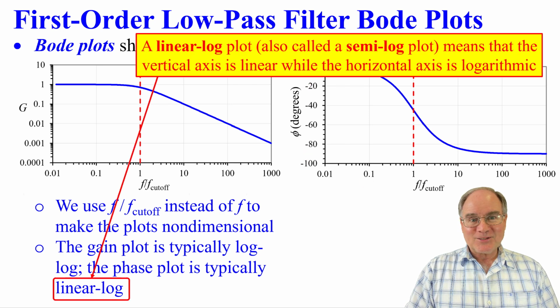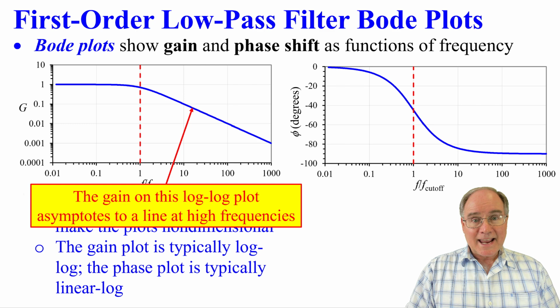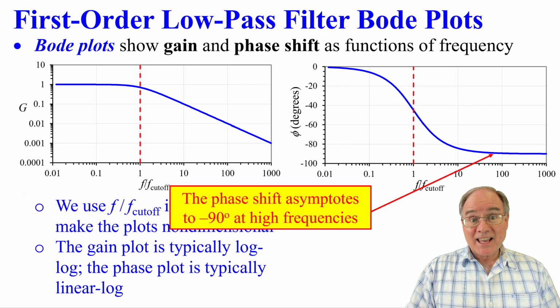This is also confusing. Linear log, also called semi-log, means that the vertical axis is linear and the horizontal axis is logarithmic, kind of opposite to what you might think. The gain on this log-log plot asymptotes to a line at high frequencies, and the phase shift asymptotes to negative 90 degrees at high frequencies.